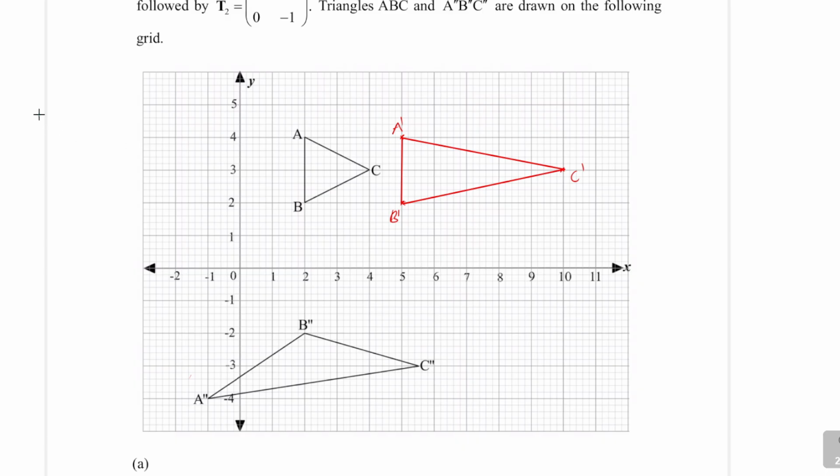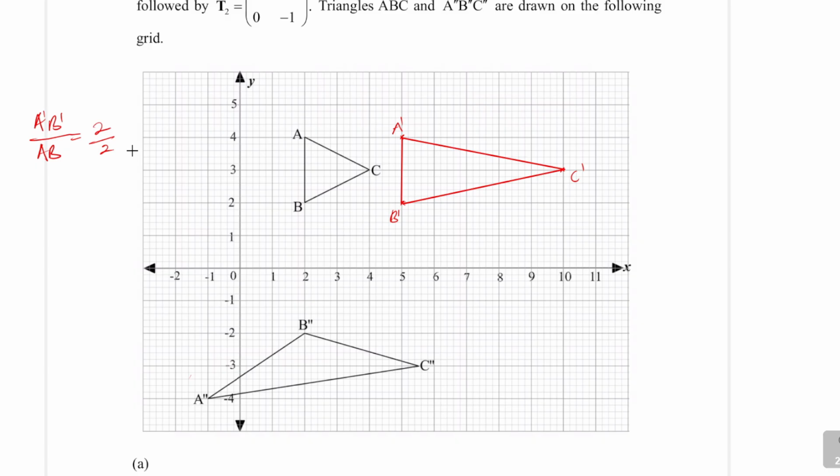When you take for instance A prime, B prime, and you try to get the length AB, you notice this one is a constant. The length of AB is 2 units, from 2 to 4. Then A prime, B prime is still 2. So this is actually not going to be an enlargement.